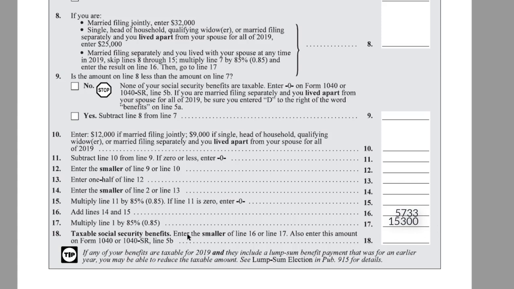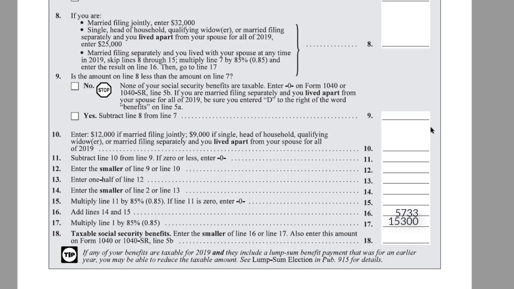Line 18, enter the smaller of line 16 or 17. So if line 17 is the max, line 16 could be up to the max or smaller. In this case, it is smaller. It's 5,733. It comes from the calculation that's done based on these instruction lines here. So line 18, the answer is 5,733.